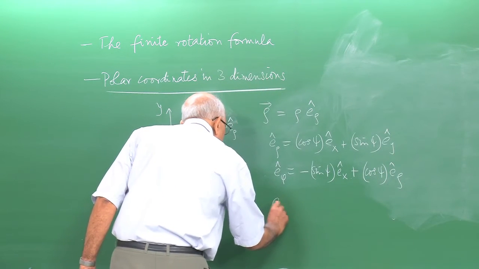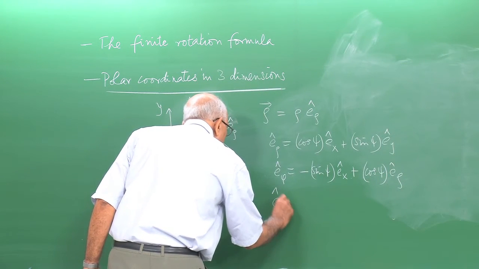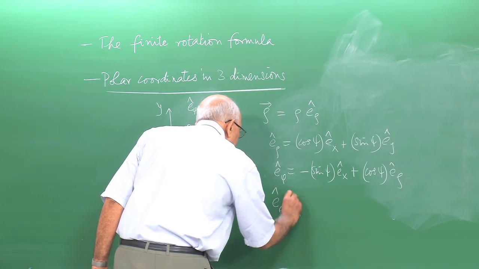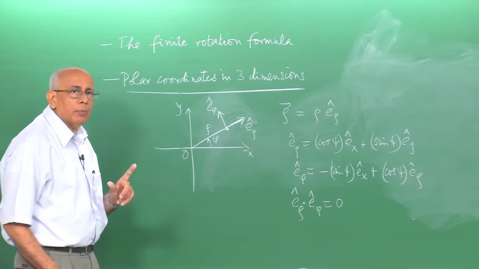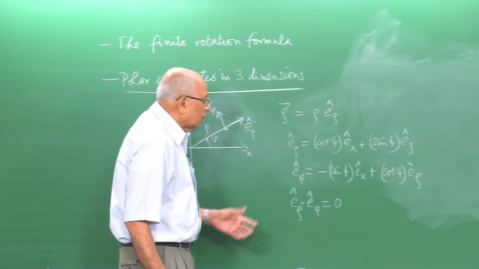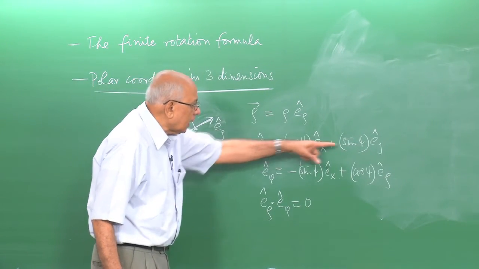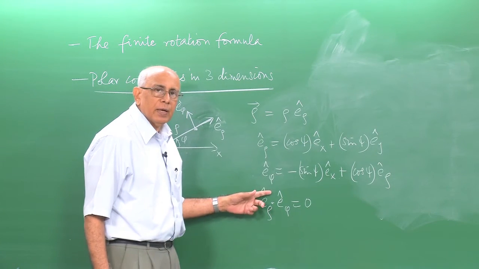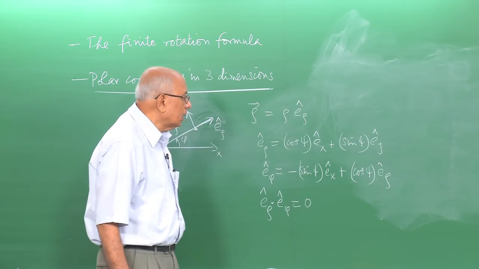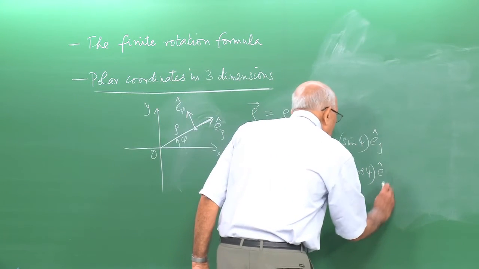We also know that e rho dot e phi is equal to 0. They are perpendicular to each other at every point. We saw at some length that e rho is a function of phi, of the position of the azimuthal angle of the point, as is e phi according to these formulas here.